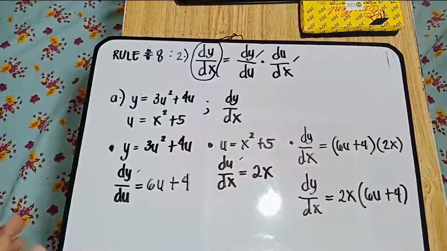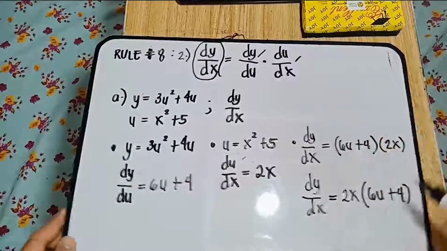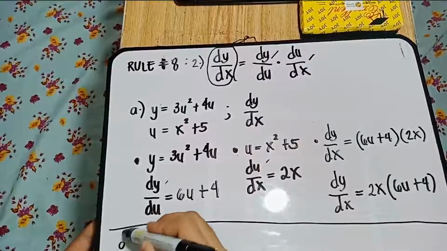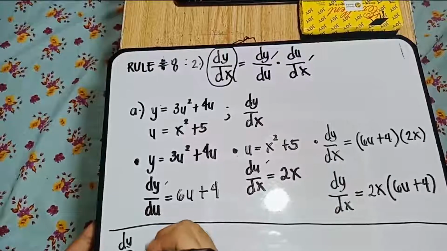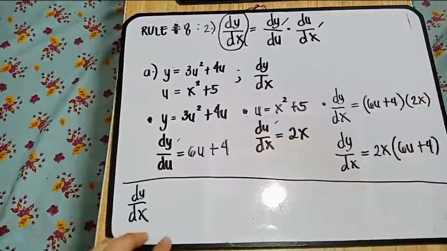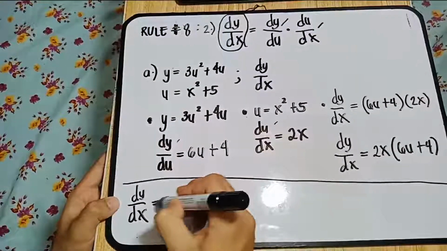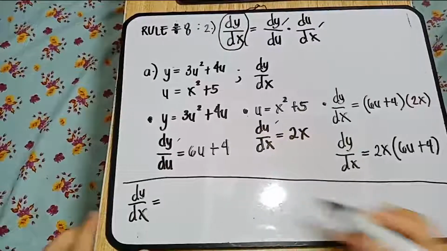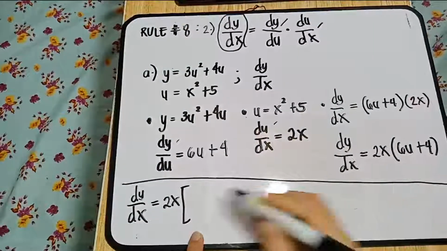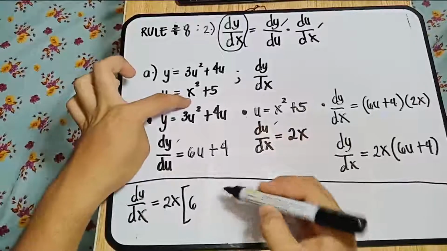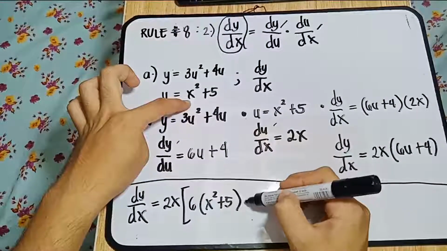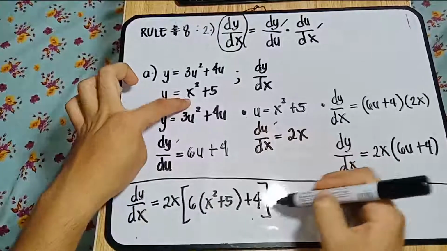Paano ba natin gagawin yun? Nililipat ko na, hindi na kasya dito. Siguro dito na lang sa baba. So, yung dy over dx ko, eto yan. So, 2x, palitan ko yung u. 6 multiply by x squared plus 5 plus 4.